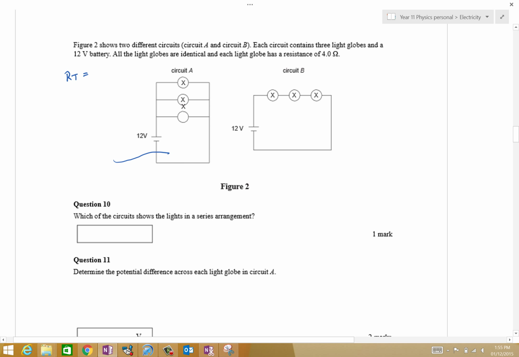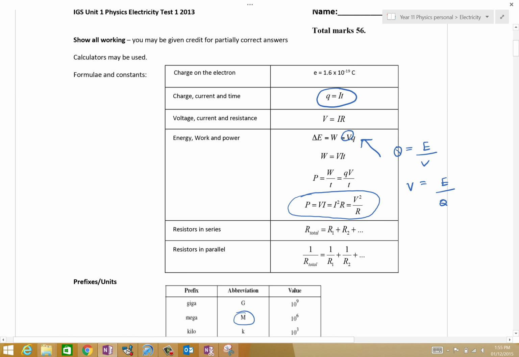So if we refer back to the formula sheet, you will see this. Adding resistors in parallel, the total resistance is always going to be less than the smallest resistor. So if I had 3 4 ohm resistors, then it's definitely going to be smaller than 4 ohms. Let's have a look exactly what it is.